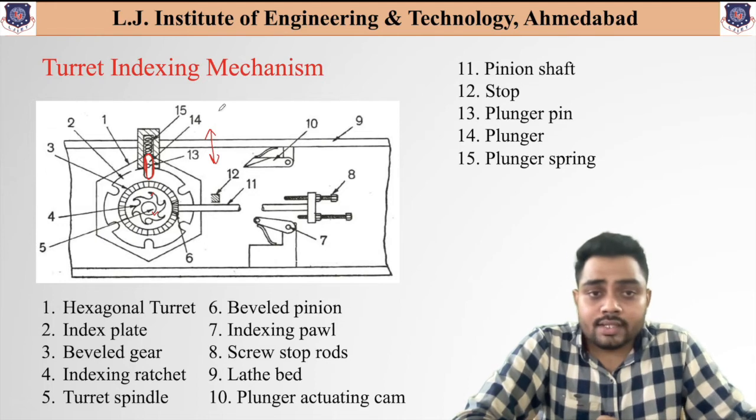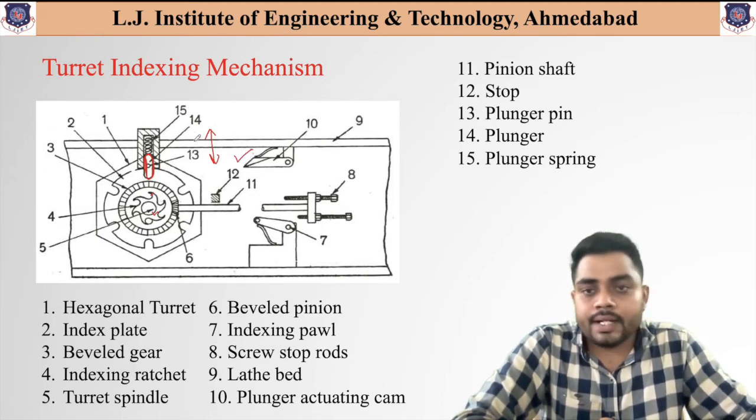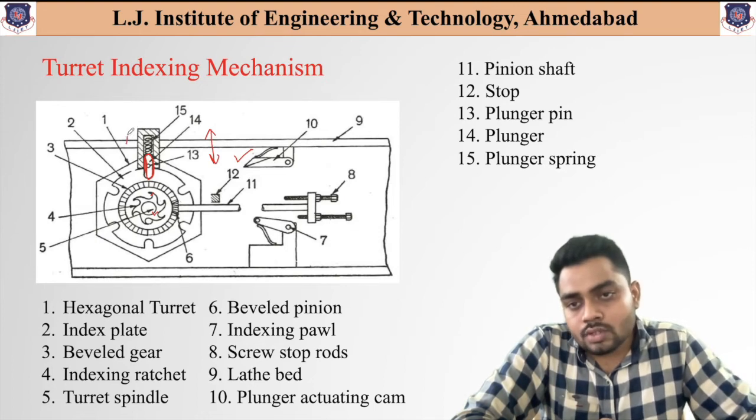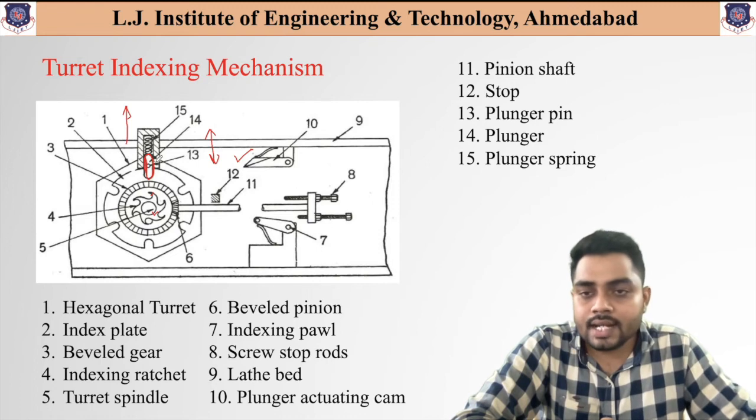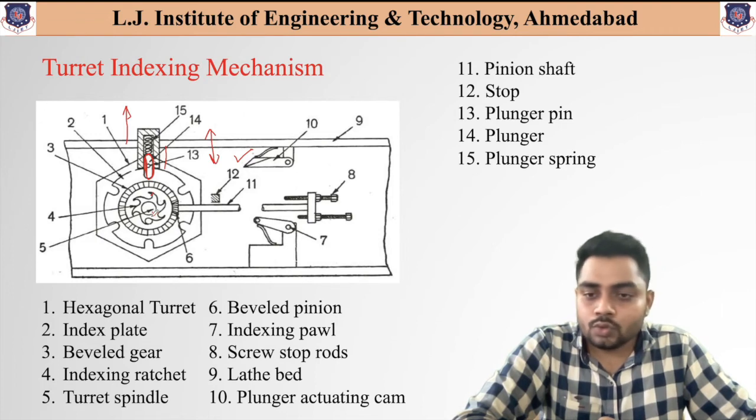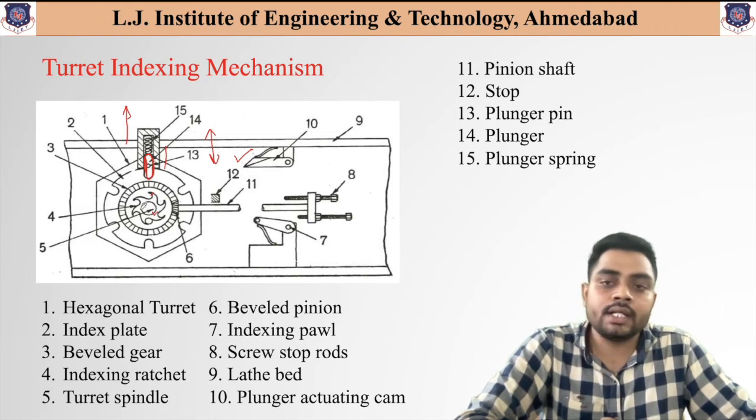Now when this plunger actuating arm operates, suppose it moves the plunger in the upward direction, then this plunger gets out of the slot, and as this entire mechanism is connected to the headstock spindle through this turret spindle, it starts rotating.